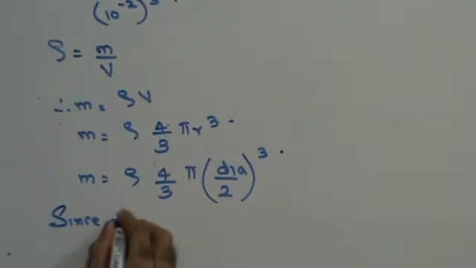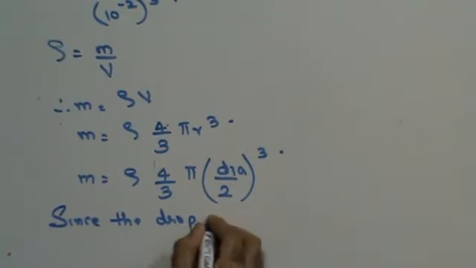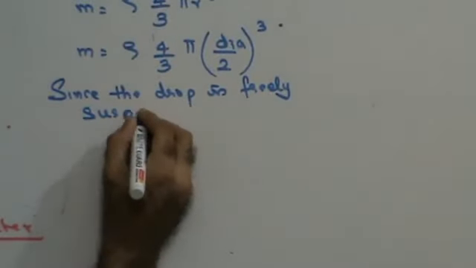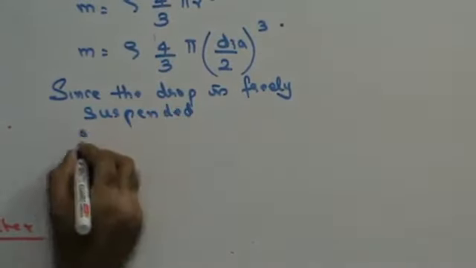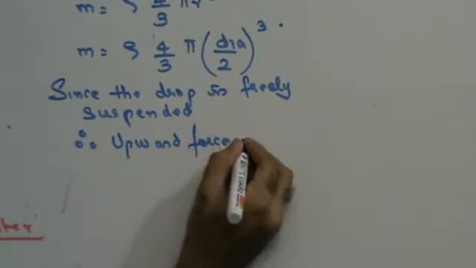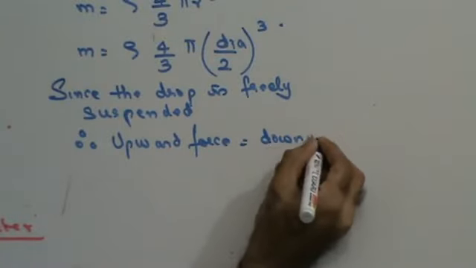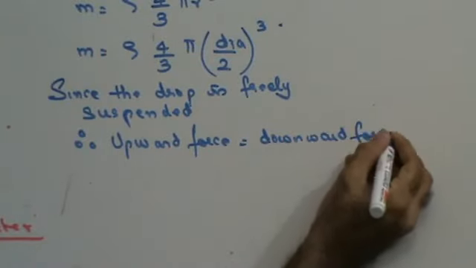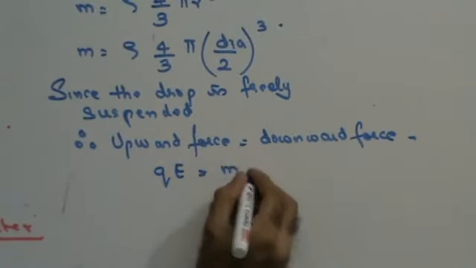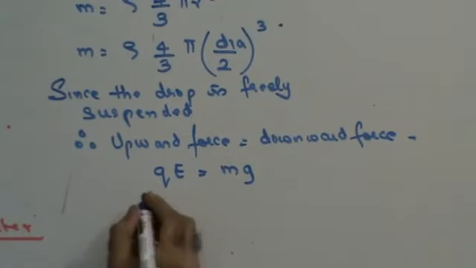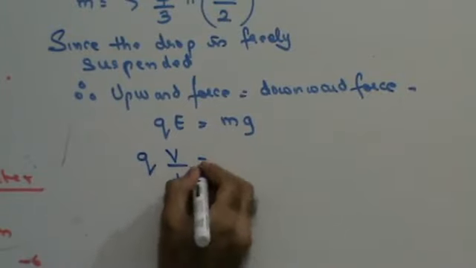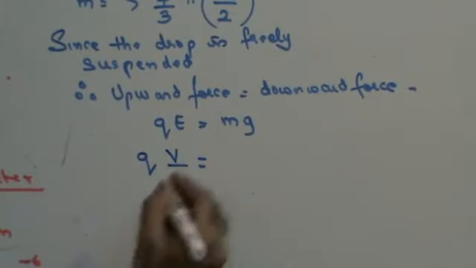Since the drop is freely suspended, therefore I can say that upward force is equal to downward force. Upward force is going to be QE, downward force is going to be equal to mg. E can be written as V upon d, electric field being potential difference per unit distance.